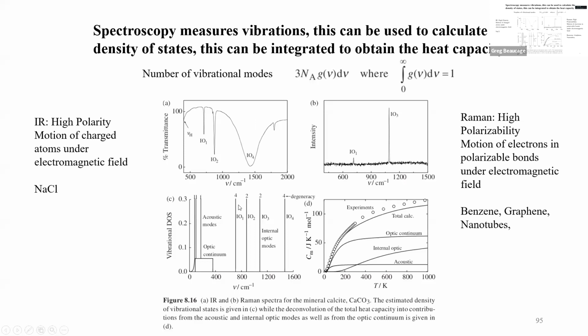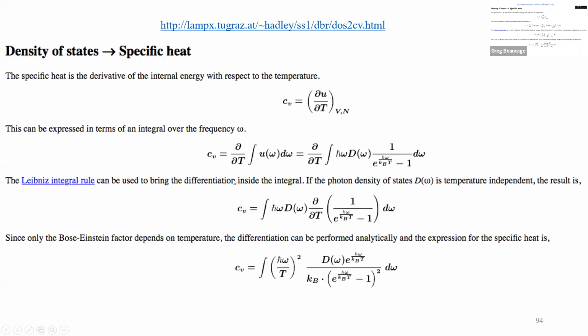From those, you can calculate the heat capacity from the energy of those, because they give you the vibrational density of states with the different vibrations in the system, and then you can integrate the density of states using the function we had before. This is a number of things at energy h nu, distributed by the Bose-Einstein distribution, like the partition function. When you integrate it, you get the energy of each one, which gives the total energy, and the derivative with respect to temperature gives you heat capacity.